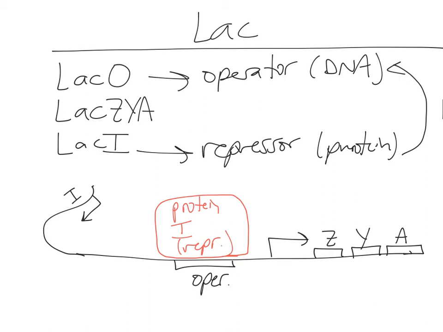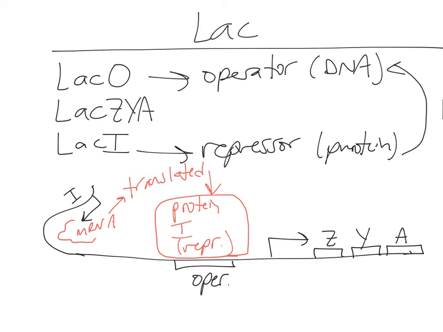Not my fault. I'm just passing on the bad news to you. So lacI, the gene, gets transcribed into messenger RNA, and that messenger RNA gets translated, and that's what produces lac repressor, the protein that binds to the operator sequence.